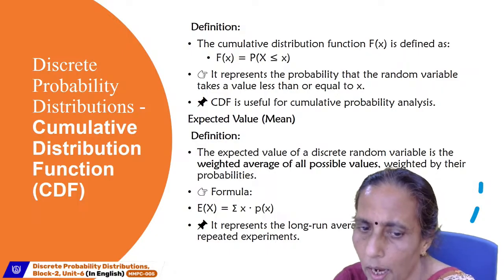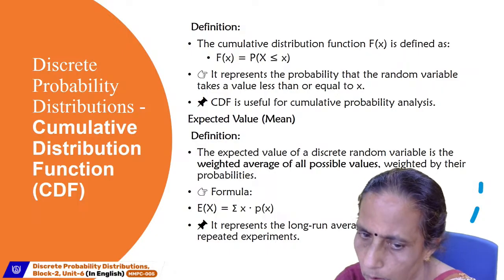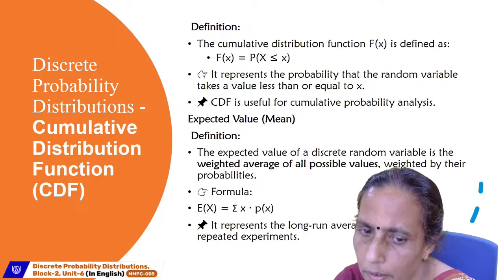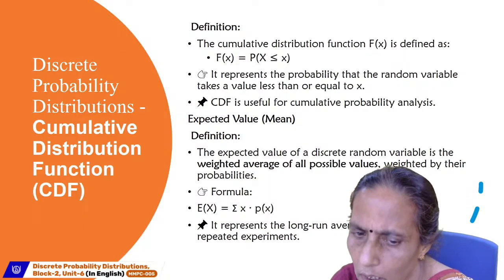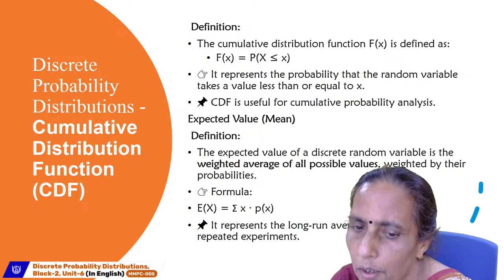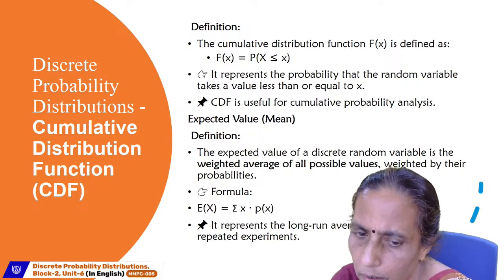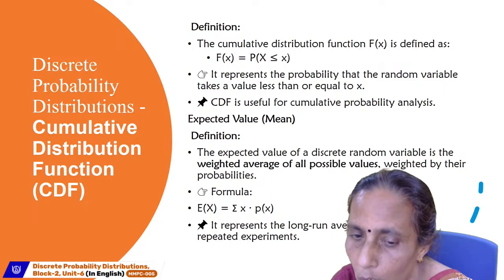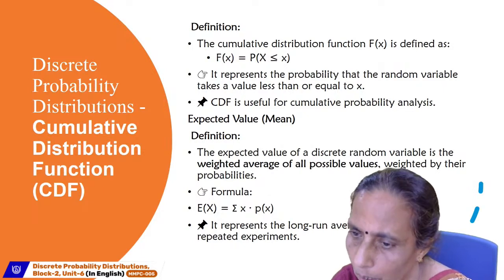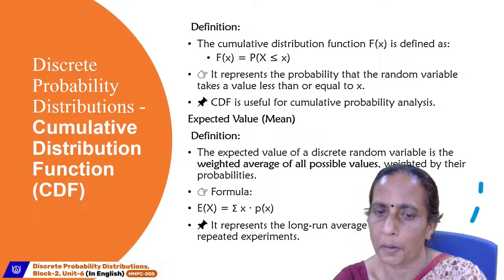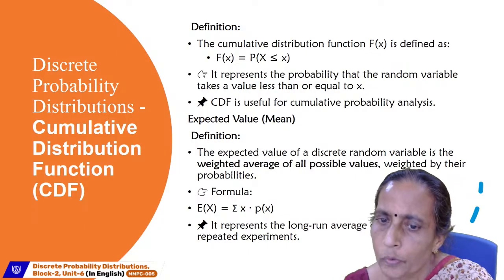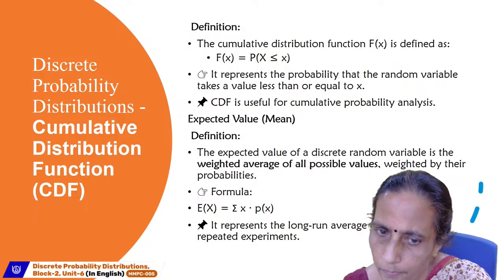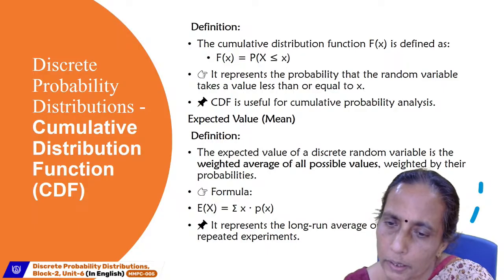The formula is the expectation of X equal to the sum of x times p(x). This random variable can take many values, and each possible outcome has a probability associated with it. So value into probability, added up, is your expectation of X, or the weighted average of all possible values weighted by their probability.